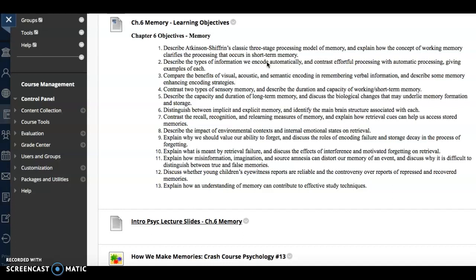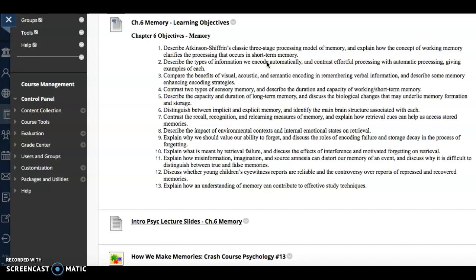So here's where we get into information about the type of memory we store, whether it be a childhood memory for, say, the first teacher you ever had in school, or your best friend growing up, versus how to tie your shoe or how to ride a bike.